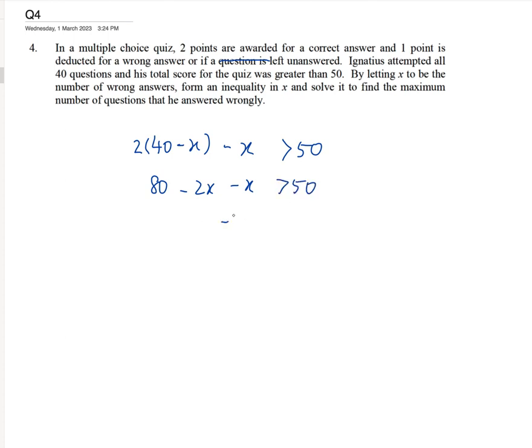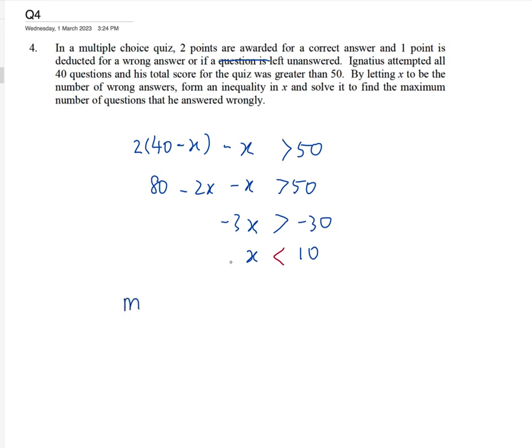So here it gives us minus 3x is greater than minus 30. Once again, we are dividing by a negative number, so we need to reverse the sign. So that gives us x is less than 10. So we have to find the maximum number of questions that he answered wrongly.